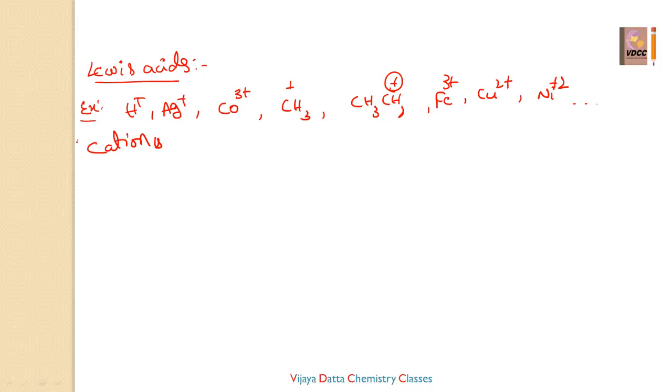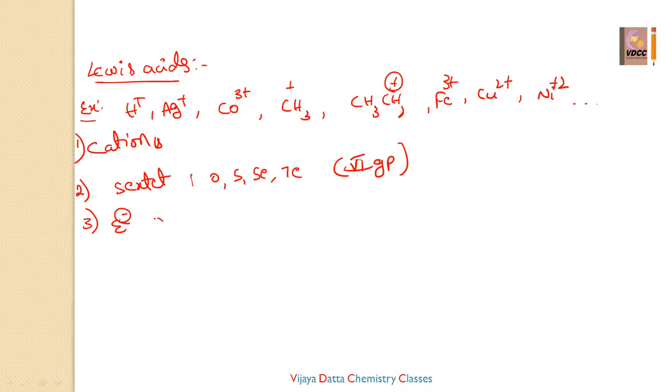This is the first one. And the second type are those which have a sextet configuration. Sextet means 6 electrons. For example, oxygen, sulfur, selenium, tellurium. Simply, these are the sixth group elements. Now, electron deficient molecules also come under Lewis acids.